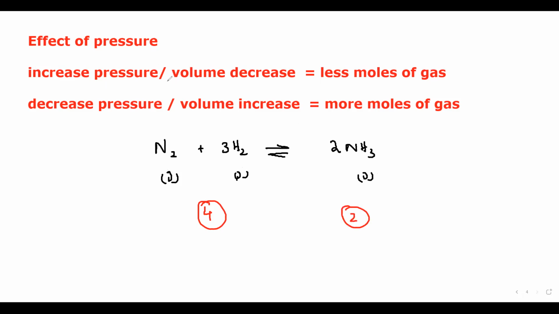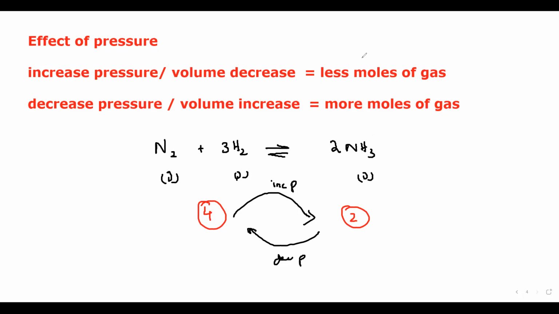So when we increase the pressure, it will shift towards the side with fewer moles, so an increase in pressure will shift towards the right hand side. But if we decrease the pressure, the equilibrium will shift towards the left hand side. So a decrease in pressure or increase in volume shifts the equilibrium towards the side where more moles of gas are present, and the opposite will happen if we increase the pressure or reduce the volume, then equilibrium will shift towards the side where we have fewer moles of gas.